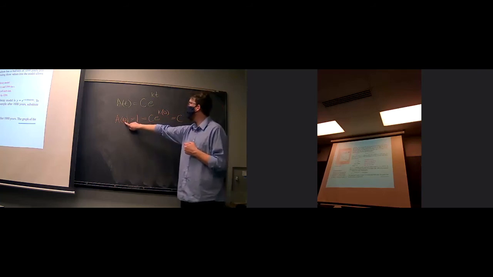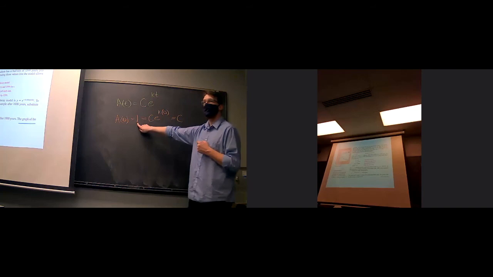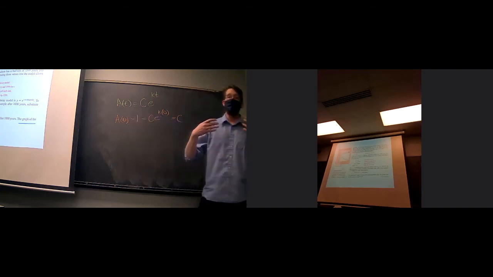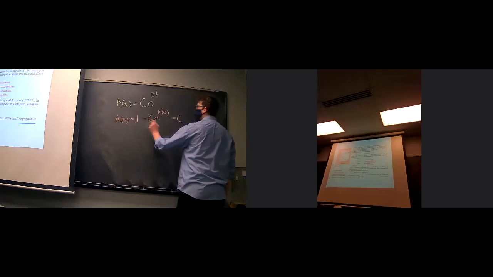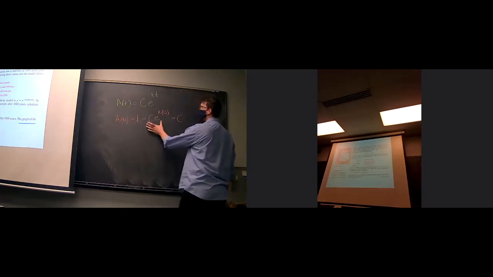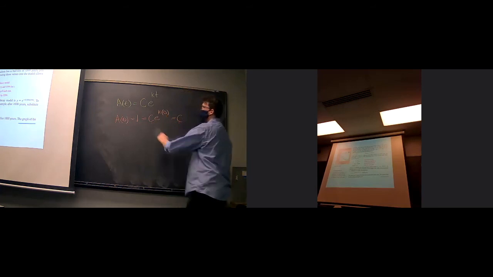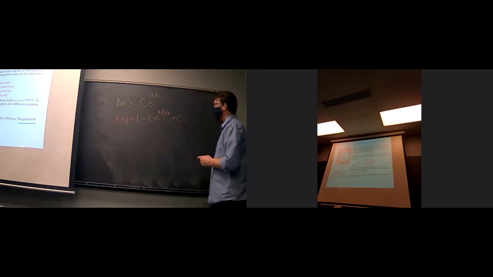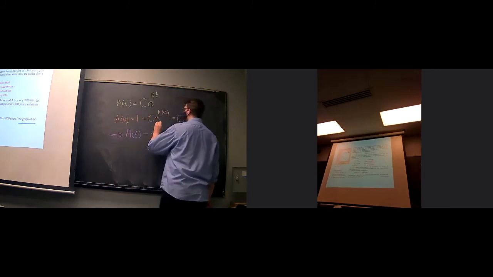So at time equal to 0, we have 1 gram, because A(t) is measuring the number of grams of this radioactive material we have. The formula is going to look like this. Well, when you put 0 in for time, all you're left with is C. So C must be equal to 1. This tells us that A(t) is of the form e to the kt.